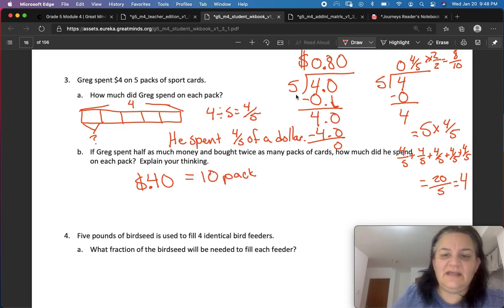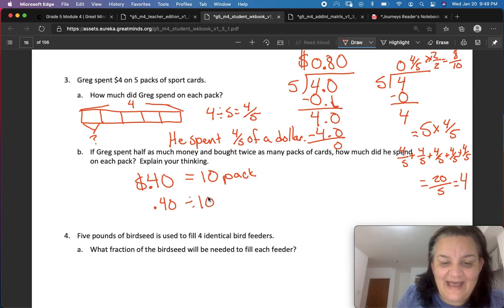Okay, so if he spent 80 cents and got 5, but then he got twice as many for less, that was a deal. That must have been on sale. So he must have spent 40 cents divided by 10 packs equals 4 cents.